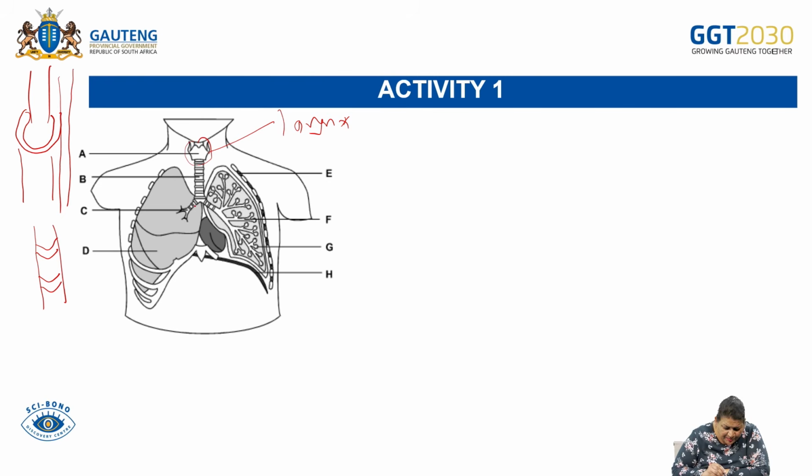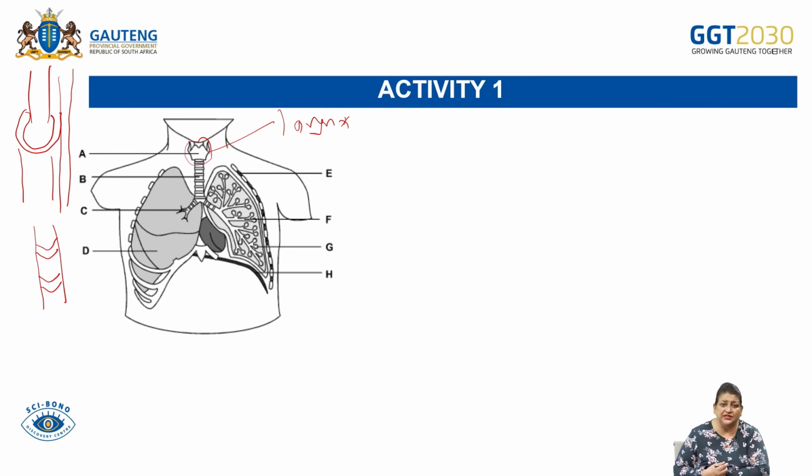Right. Then this branch here, C, is your bronchus, which is going to divide into smaller tubes. Can you see F? F is your bronchioles. G is a small air sac called the alveolus. H is very important.